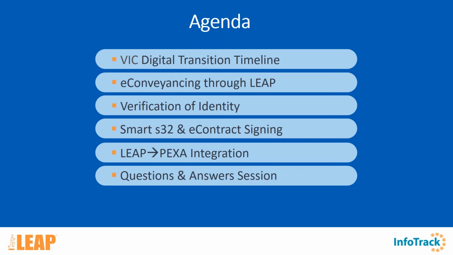We'll then be looking at compiling a Section 32 and electronic contract and how you can have these documents signed electronically. We'll then be looking at creating your PEXA workspace. And finally, as I mentioned, we will answer any questions that have come in throughout the webinar. I'm going to now hand over to Crystal.